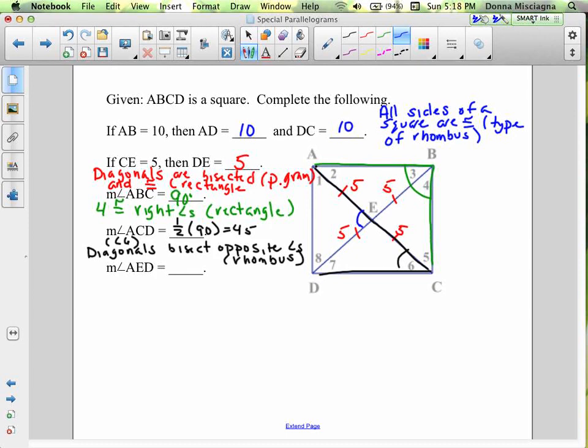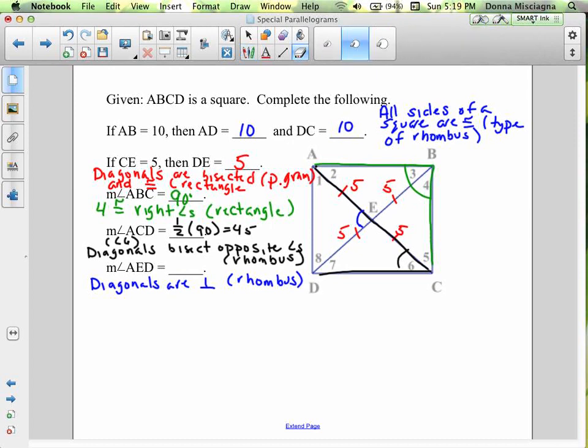Right? So in a square, the diagonals are perpendicular. And that's because a square is a type of rhombus. Right? So the diagonals in any rhombus, it doesn't have to have right angles like the square, so long as it has 4 congruent sides, it's going to have perpendicular diagonals.